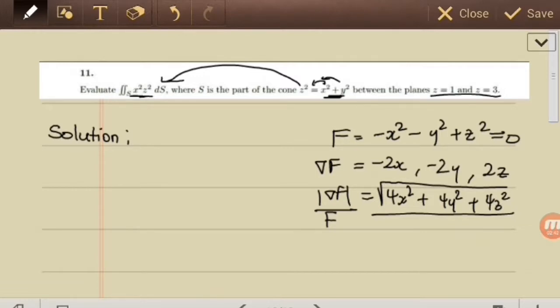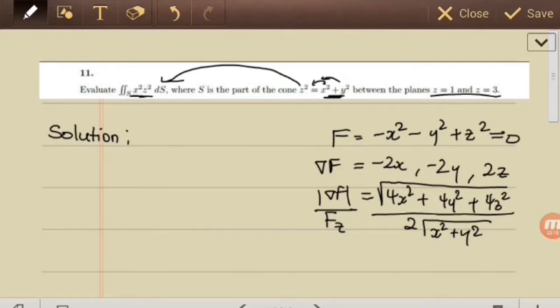In this case, it's wise to choose f to the z. So this is 2z, but we know that z is the same as the root of x squared plus y squared.